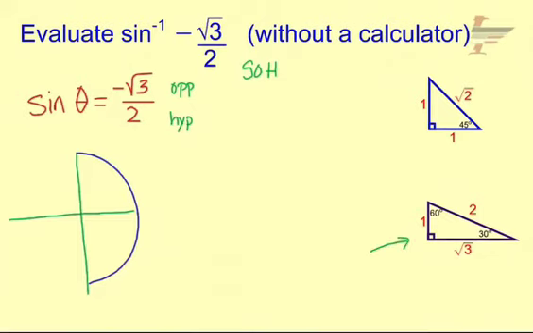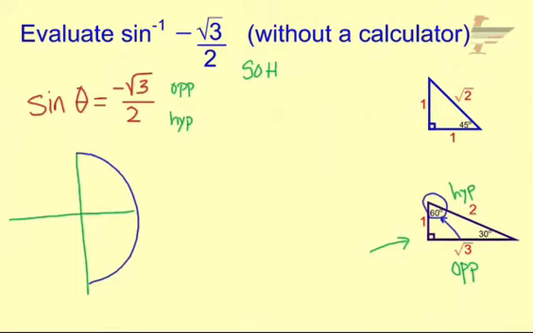And I notice those sides are both in the 30, 60, 90 triangle, where the root 3 is the opposite side. Now that negative I'm going to deal with in a second, and 2 is the hypotenuse. So which angle has root 3 as the opposite side and 2 as the hypotenuse? That angle actually is going to be this 60 degrees.